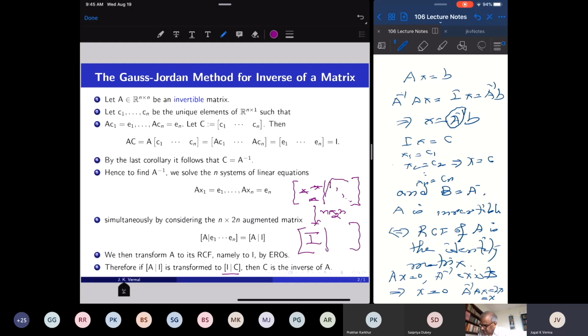Then this matrix gets transformed into A inverse. Is that clear? Any doubts? So this is the Gauss-Jordan algorithm to find the inverse of a matrix.